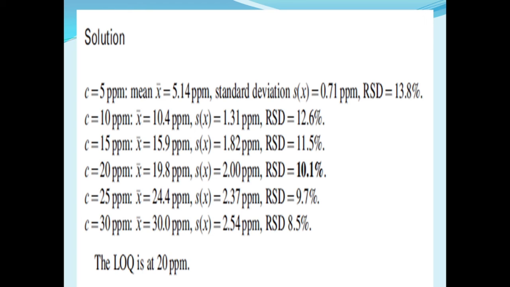Quantitative analysis is strictly conditional on the column not being overloaded and the detector operating in the linear range. Experiments must be carried out to check these points. Accuracy may be increased by thermostating the column. Asymmetric peaks should be avoided. The analytical result can be verified in a number of ways.